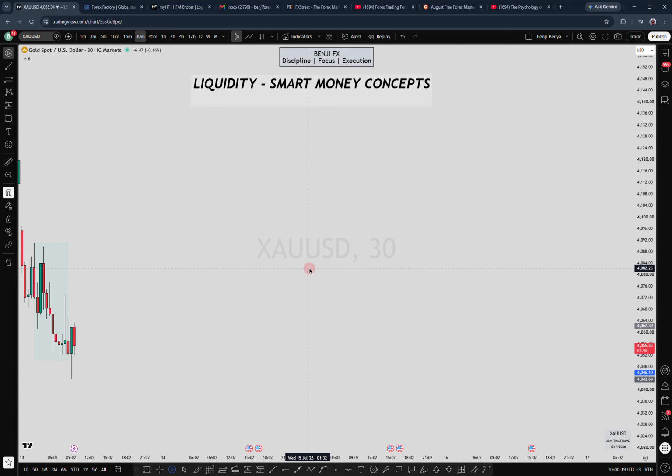In explanation, liquidity is the collection of pending buy and sell orders resting at a particular price level in the market. This is where institutions and smart money look to fill large positions. In simple terms, liquidity is where stop losses and pending orders are concentrated, where money is resting.